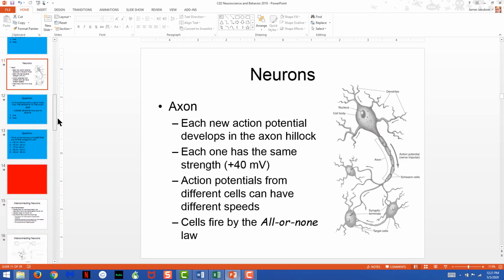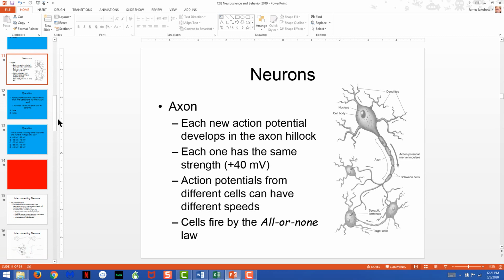Now, the electrical signal only exists in the axon itself, and this is an important part to remember. There is electricity in your nervous system. We talked about that back in Chapter 1, because back in 1745, the Leyden jars were invented, and then Galvani was associated with the discovery of the presence of electricity inside of the nervous system.